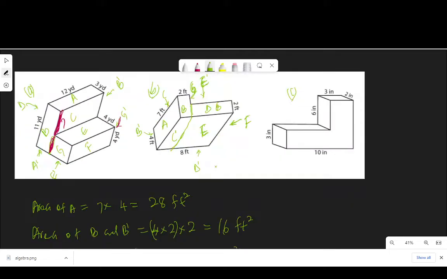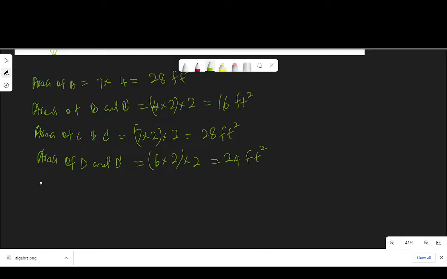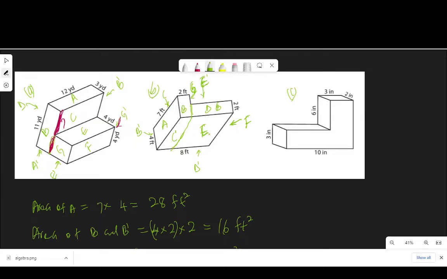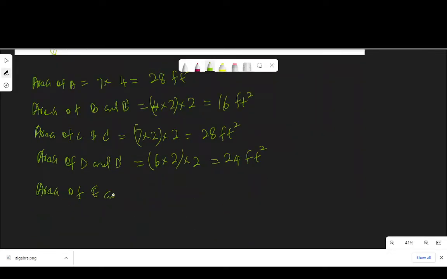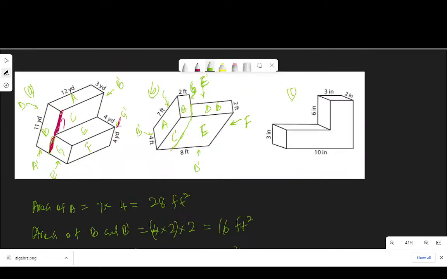Then area of E and E prime. This face right here is E and E prime. The length is this place, which is 7.